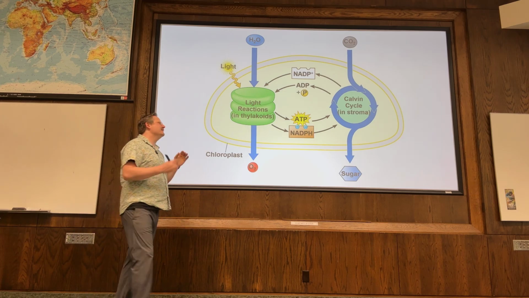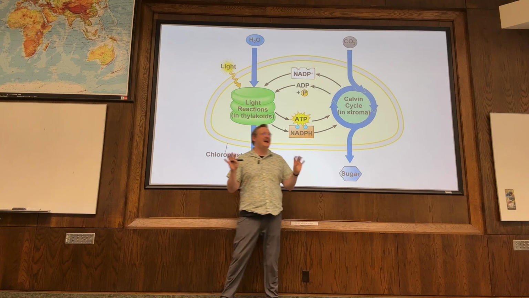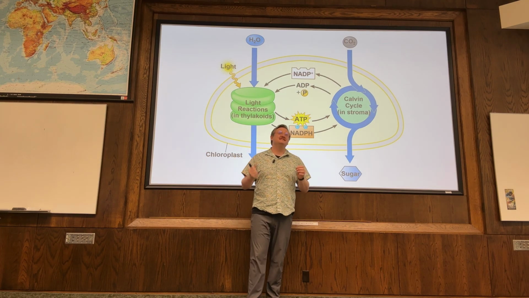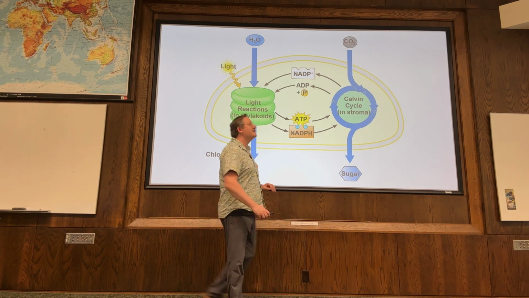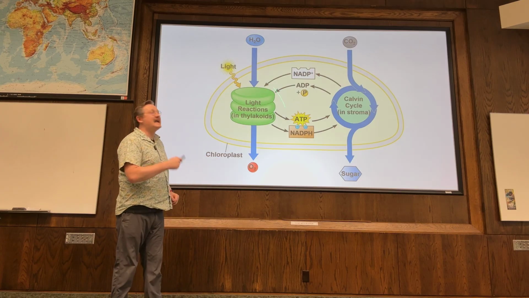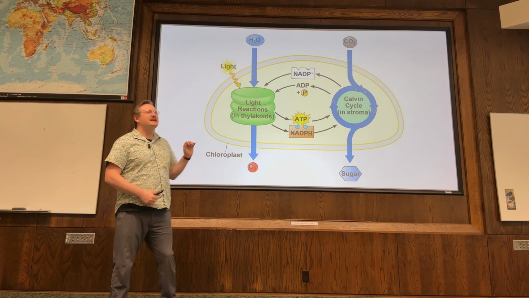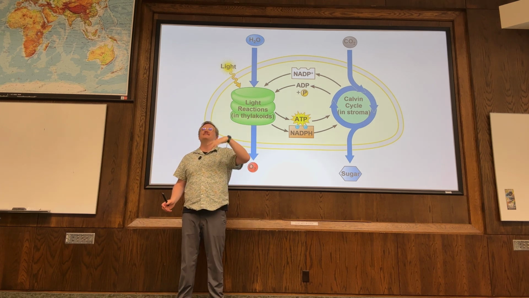Well, in photosynthesis, we're going to look at 2 sets of reactions, each one of which has its own stages. So it's going to get a little bit complicated, but we're going to be focusing on the light reactions primarily, and the Calvin cycle we'll mainly just hand wave past.